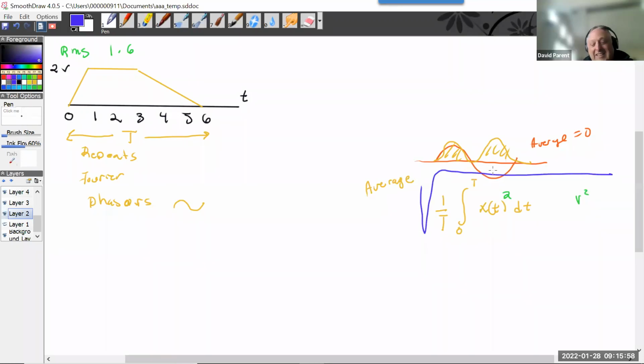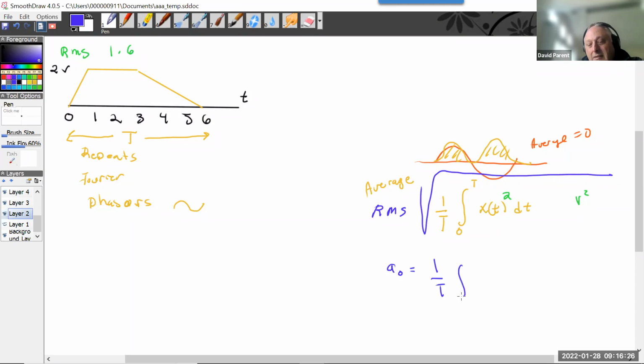Feel free to shout it out. So yeah, there's our RMS equation. And again, there are some things we do in the Fourier expansion, where we actually find a DC component, this here.